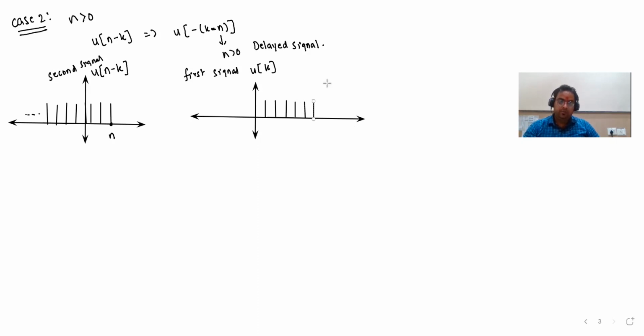Okay, this kind of value we are going to have for u of k. Okay, so now we have to multiply u of n minus k and u of k.